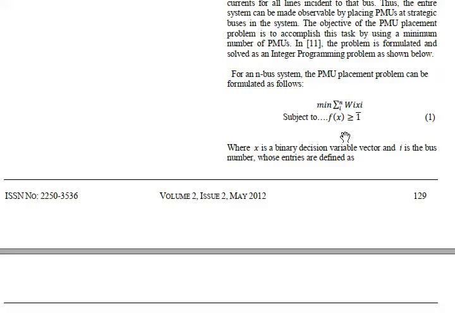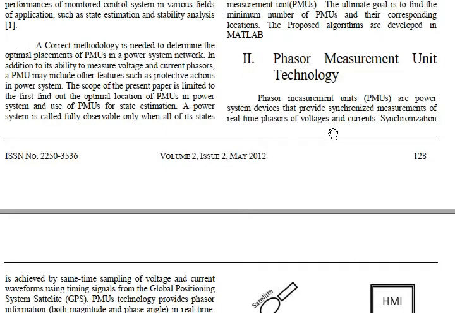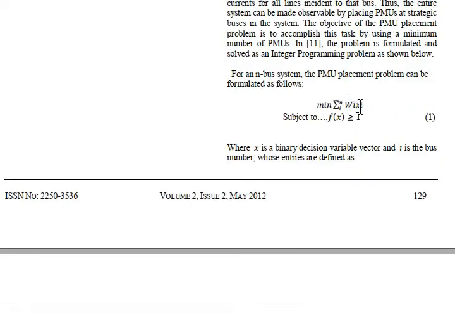So let's first define the objective function of this genetic algorithm, meaning the optimization algorithm. It may be particle swarm optimization, genetic algorithm, or any global optimization technique. First of all, let's define the objective function. The objective function will be to minimize the number of phasor measurement units, that is, to minimize the summation of phasor measurement units.